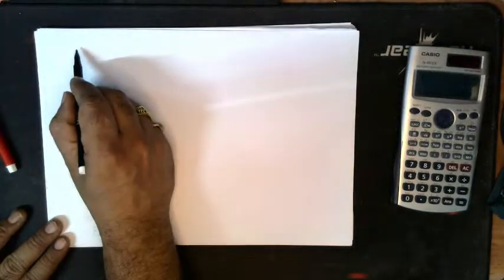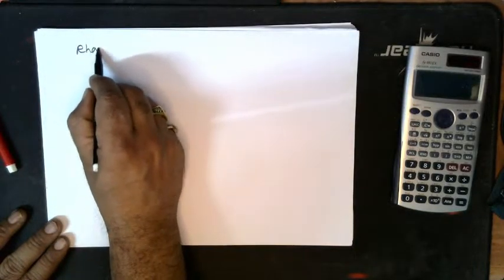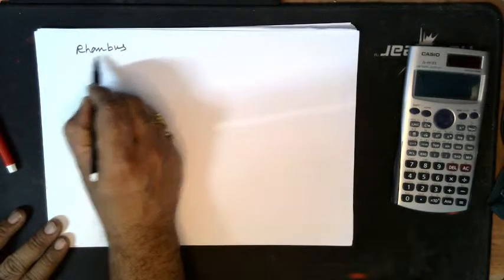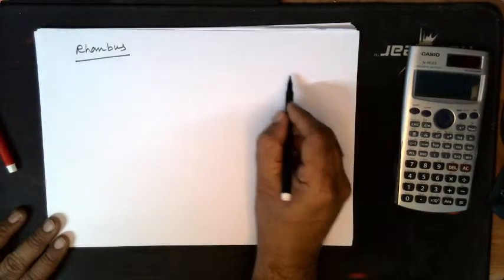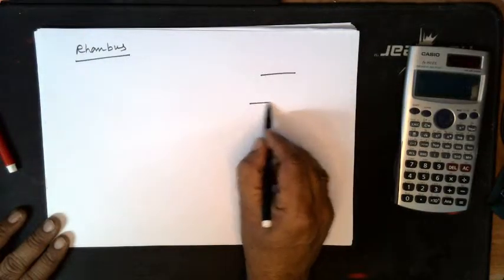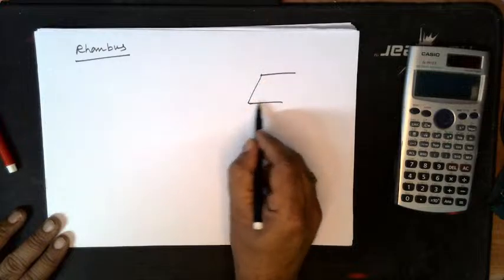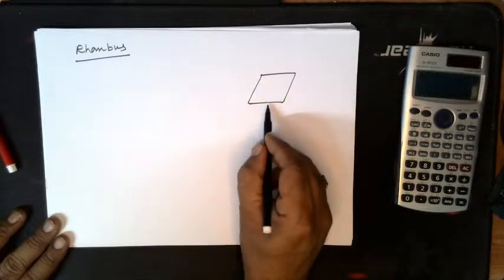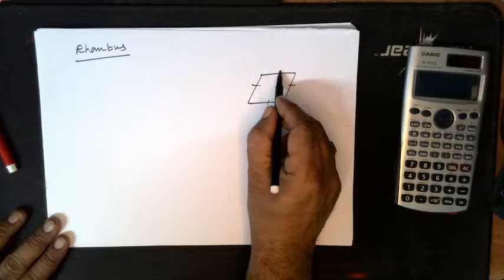Rhombus. So the rhombus will be like a parallelogram, but they are of equal sides, like a square.